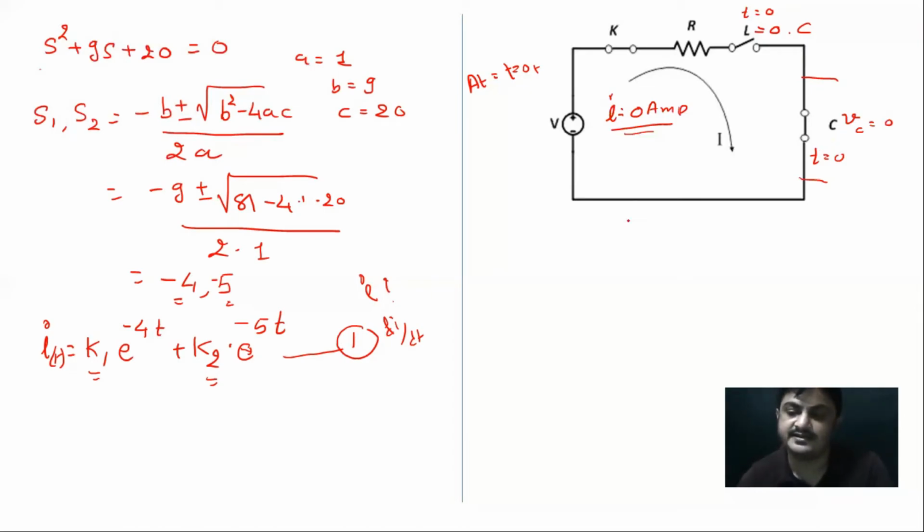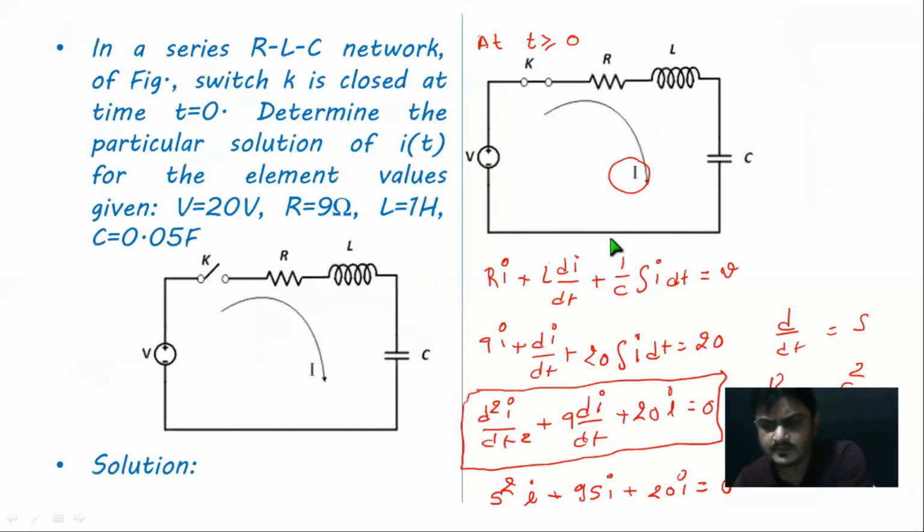So I can say that the voltage across the capacitor is 0 and the current flowing through the inductor is also 0. If I focus on this equation, let me write down what the situation is right now. The situation is that I is equal to 0.